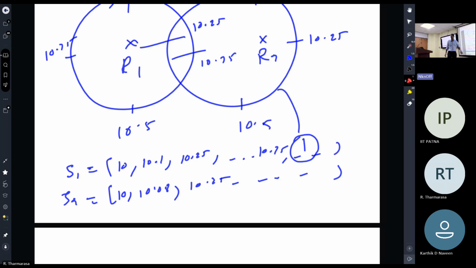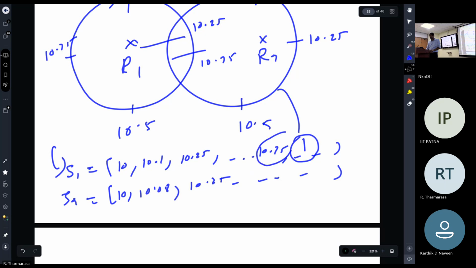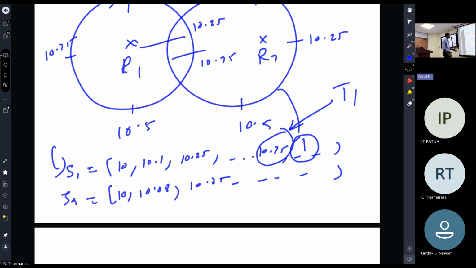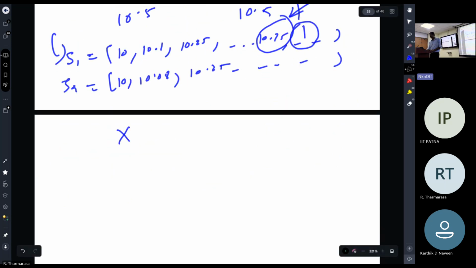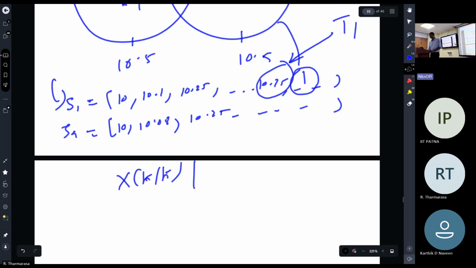Now, let's say you update the track with this. Out of these, this is the measurement corresponding to our target one. So in the sequential update, target one is updated with this time. Right? So now we have the updated state x k given k at t equal 10.75.